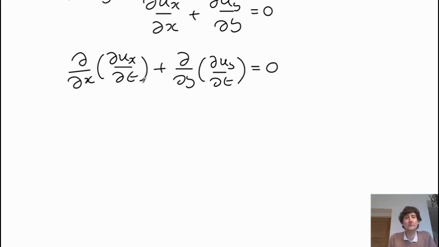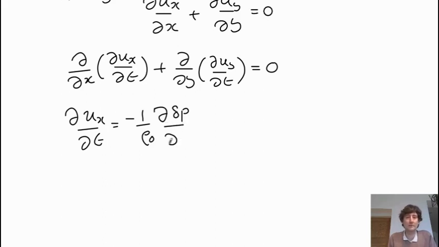So now we can substitute in here the equation for the horizontal velocity ux, and so we can write down that dux by dt is, now we have minus 1 over rho naught, and then the pressure in the x direction, so this is d delta p by dx. And so this goes into here. Rho naught doesn't depend on x, so this will just go straight through the x derivative here.